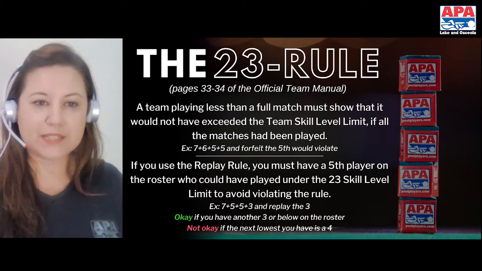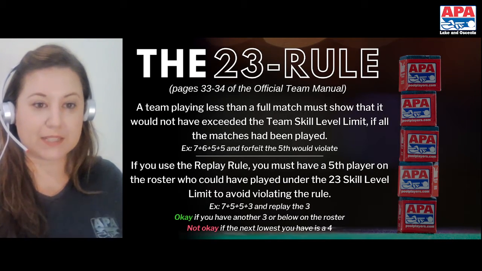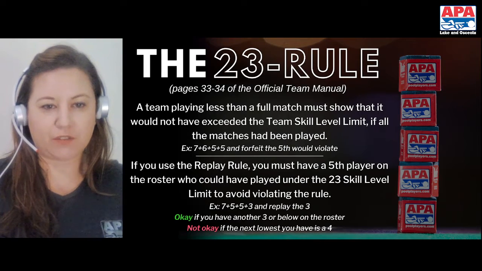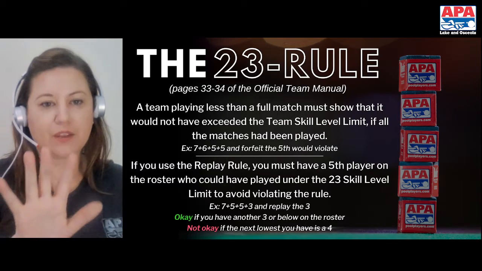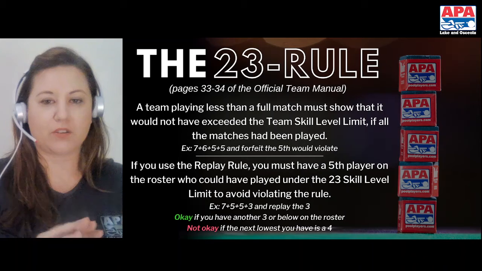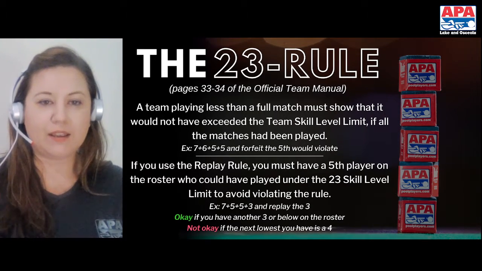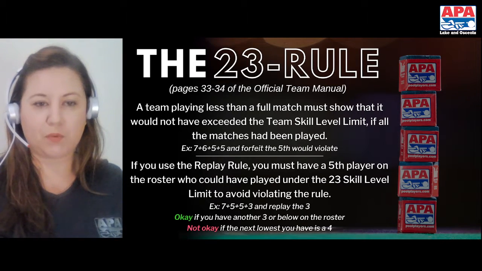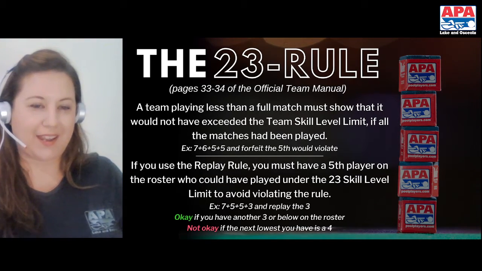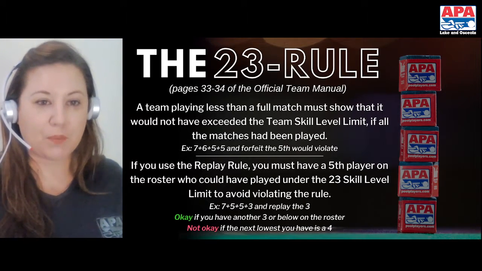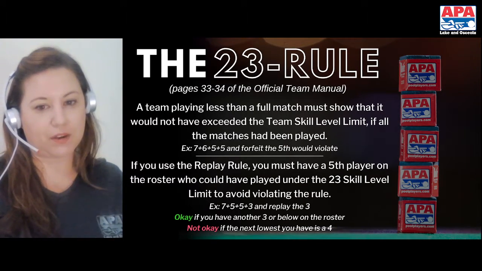The replay rule is the easiest way to make a mistake even when you're paying attention to your numbers. So what we need to make sure everybody understands is the 5 individual players on your roster. That word individuals is very important because if you're using a replay, you have to be replaying in place of a player that's listed on your roster that, had they been present, they could have played within the 23.